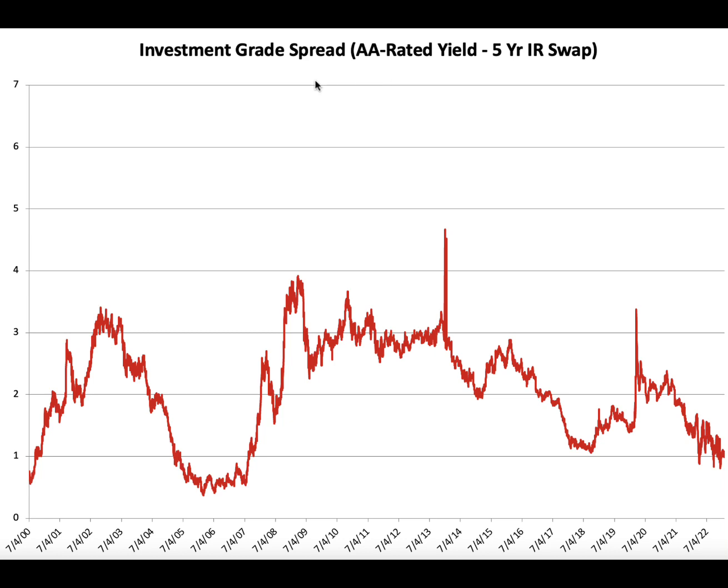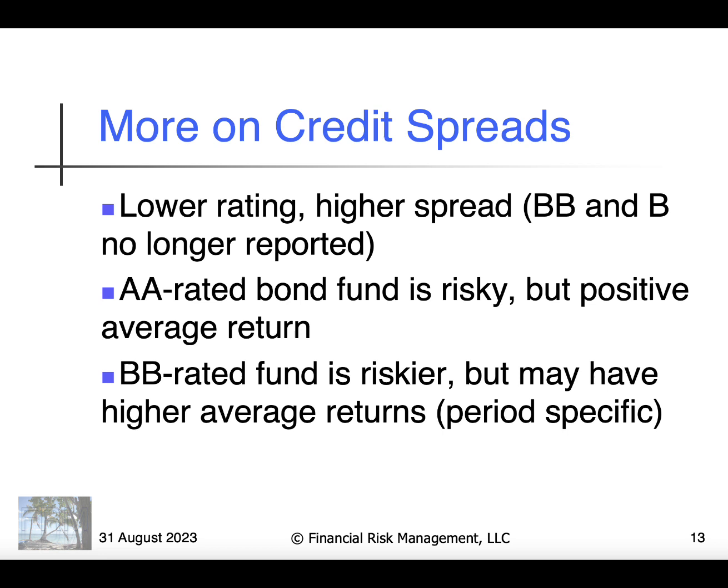Corporate bonds do have higher credit risk, and so there's an offer of a higher yield for investment grade bonds. By investment grade, that's simply AAA, the best rating, down to a single B. But a double A rated bond is an investment grade spread, and we notice that this difference is positive.